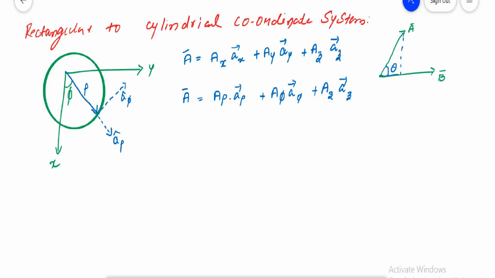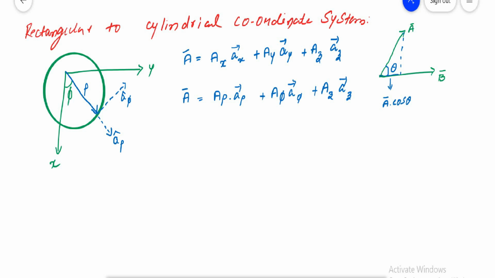This length can be written as A bar into cos theta, and the other will be in terms of sin theta.